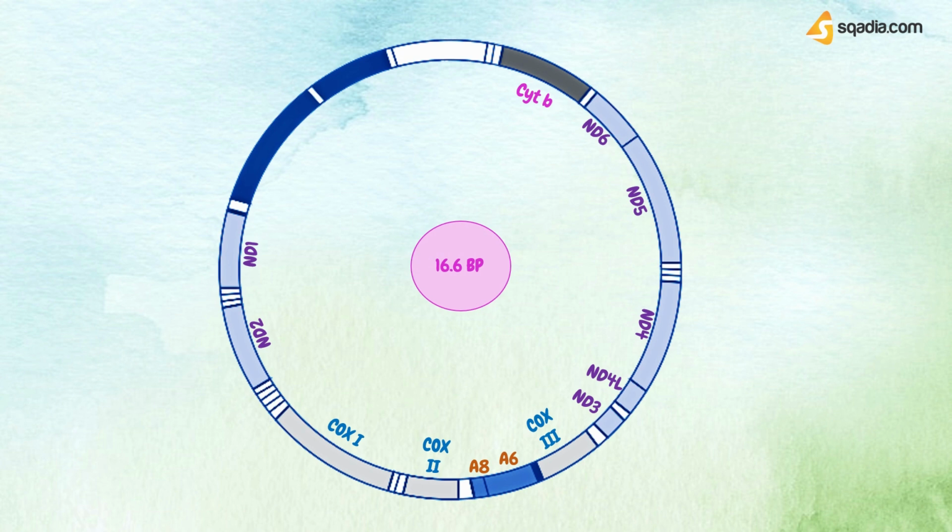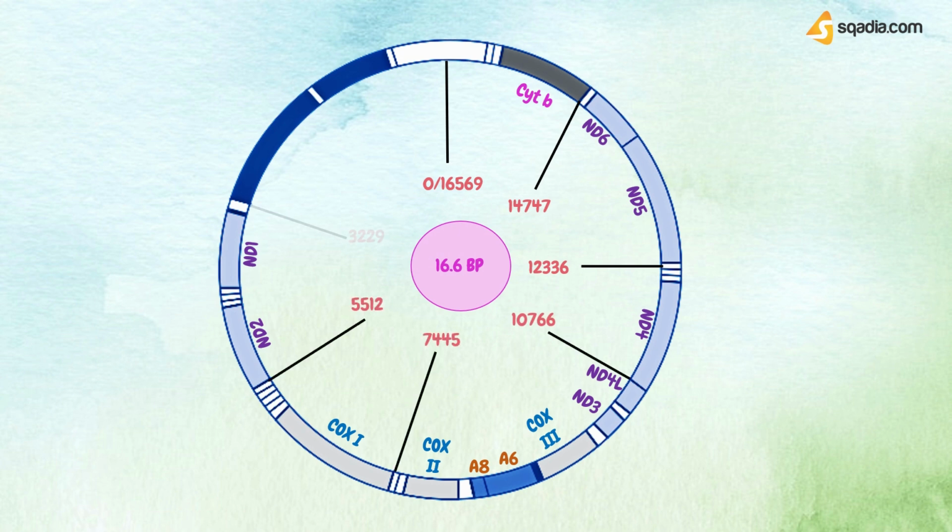Let's move into more details of the human mitochondrial genome. The nucleotide position numbers are marked at various intervals in a counterclockwise direction.